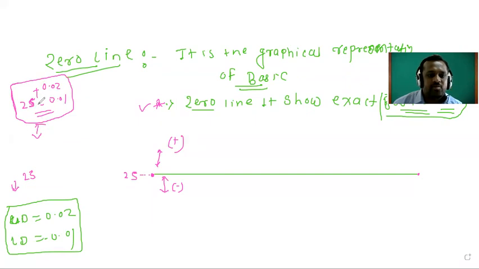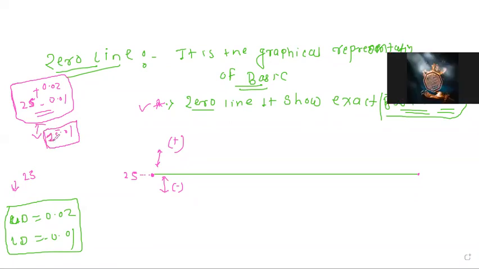Okay, and after the manufacturing according to that tolerance zone, the size of our component will be 25.02. Is it acceptable? Yes.